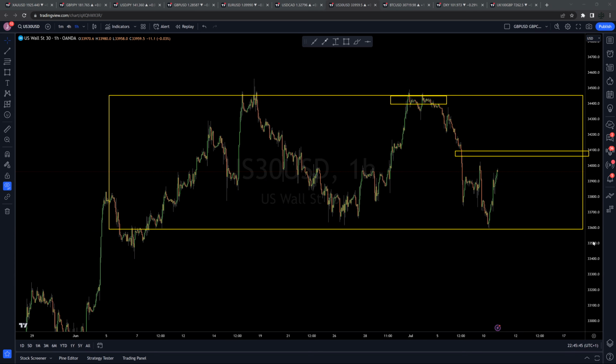I would have way more confidence in holding these shorts if we were trading below here or scaling in or looking for further positions or expecting this move to be corrected. You know what I mean?